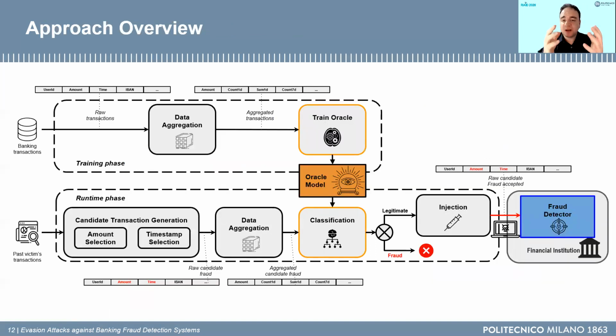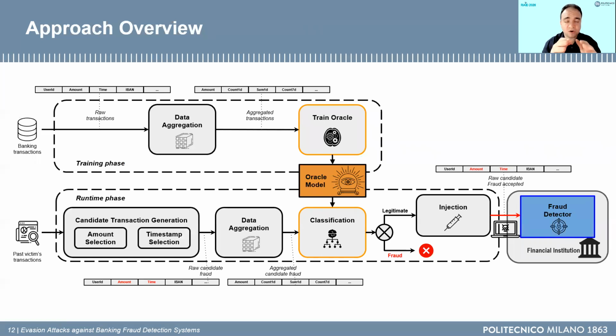With all these concepts in mind, we can now present our approach, which is rooted around the idea of generating evasive transactions by exploiting a surrogate fraud detector, which is called Oracle, that predicts the anomaly of a transaction. In other words, the Oracle is used to test candidate frauds with the idea that transactions that are not considered fraudulent by the Oracle will likely not be flagged as fraud by the target fraud detector.